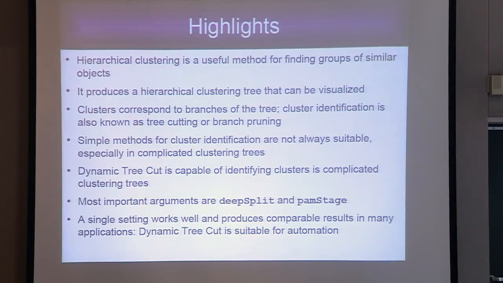The simple methods for cluster identification work well in simple situations, but they're not always suitable, especially in complicated clustering trees. That's why we developed the dynamic tree cut, because it's capable of identifying clusters in really complicated situations.